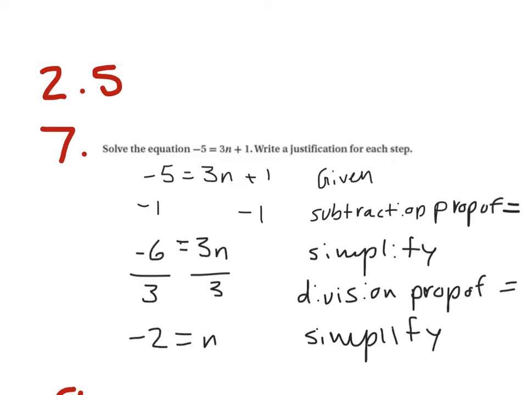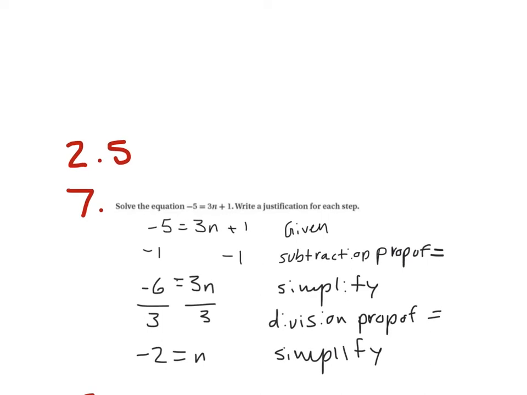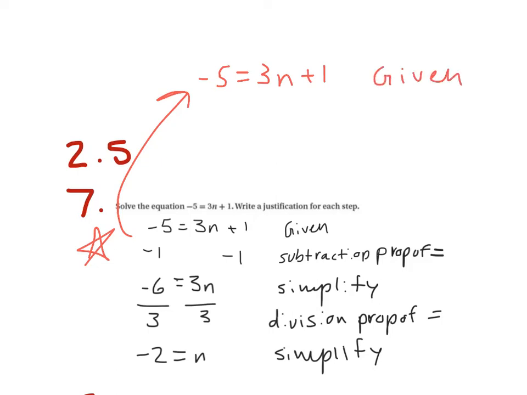If we want, we could skip steps, so I'll write it again up at the top. So this is a good answer, but we could also skip some steps, and we can just write -5 is equal to 3n plus 1, and this is given. And then if we know we're going to subtract 1 from both sides, the next step would be subtraction property of equality.